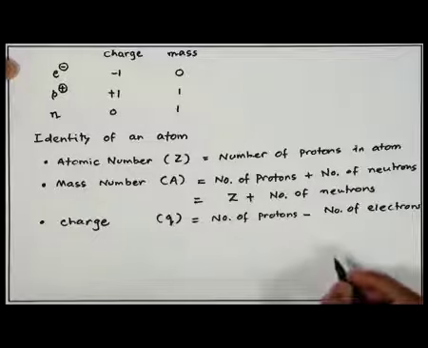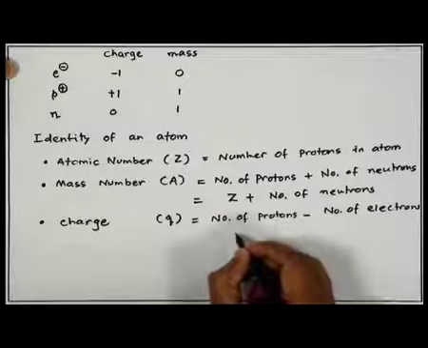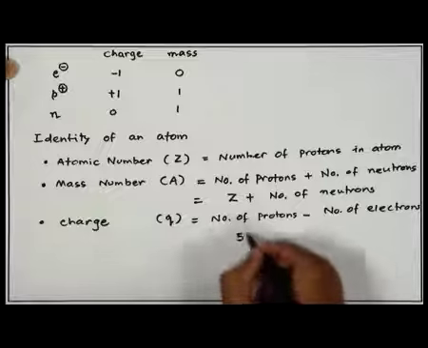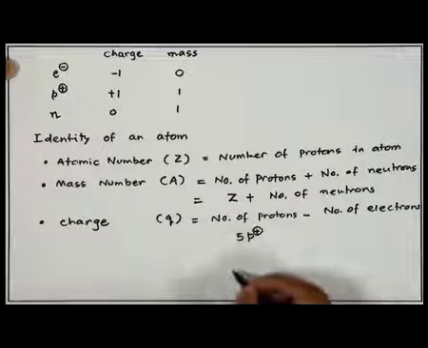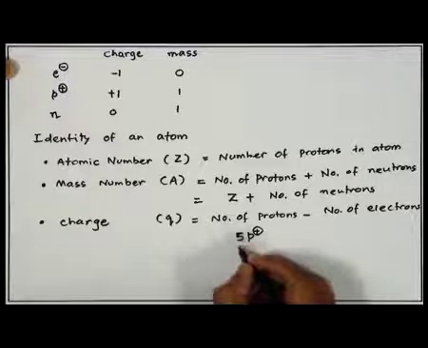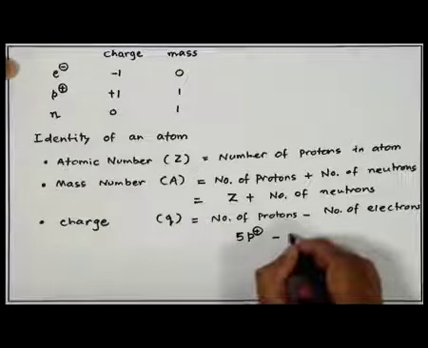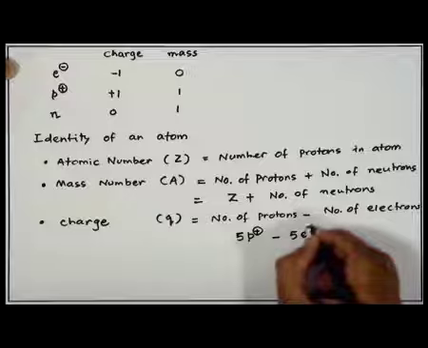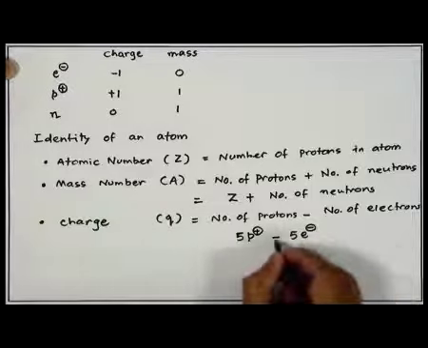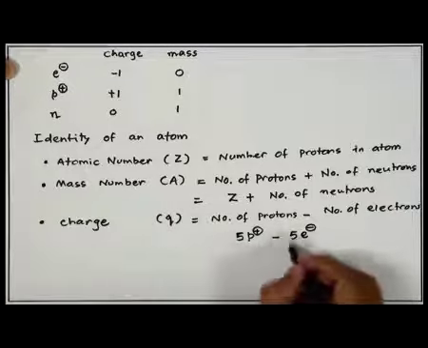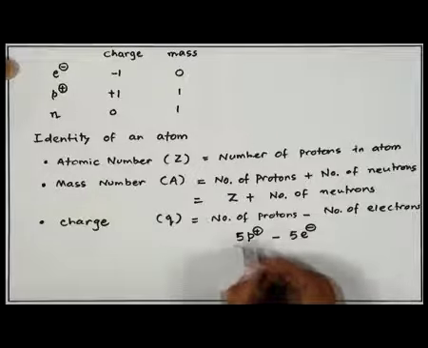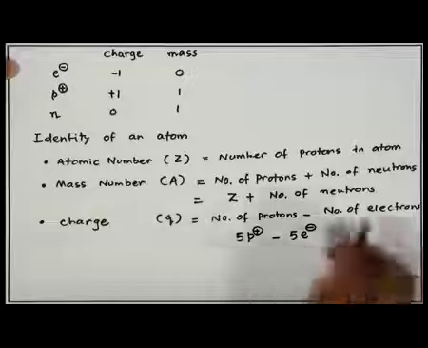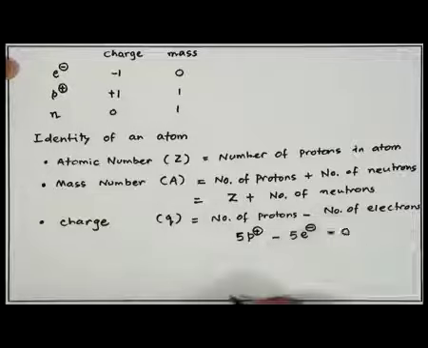Let us take some examples. Let us say I have an atom which has 5 protons. So, 5 p plus, each proton has plus 1 charge. So, the protons contribute plus 5 charge, and let us say I have 5 electrons, each electron has minus 1 charge. So, net contribution of charge from the electron side is minus 5, and when I combine them, plus 5 minus 5, I get the total charge as 0.